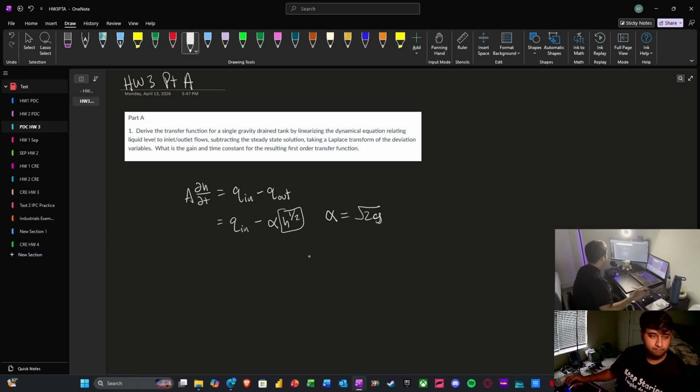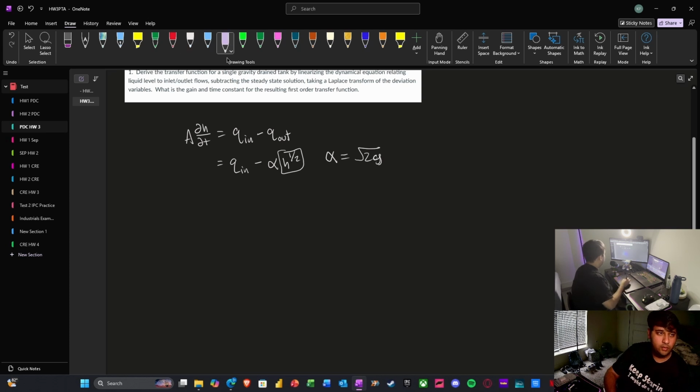So a way to visualize this is if we have a graph right here, we draw our curve, which represents the square root of height, and we're going to take a point on this curve.